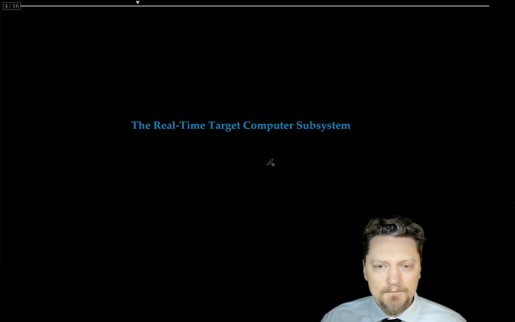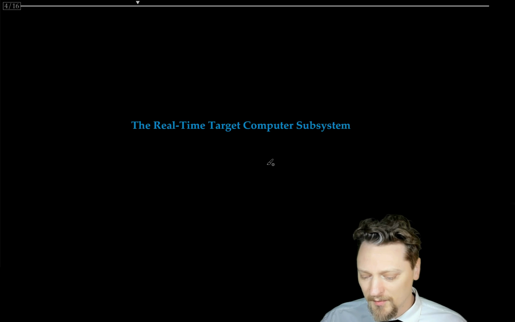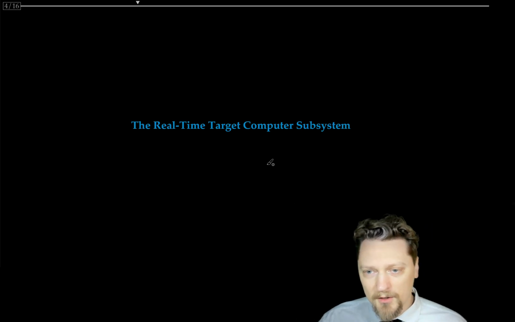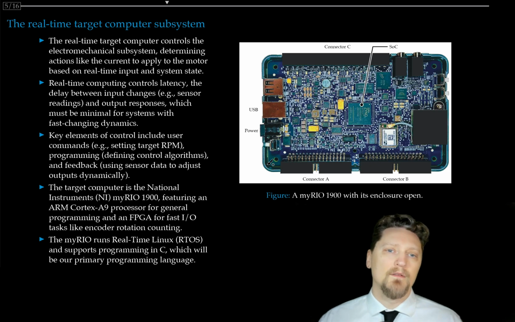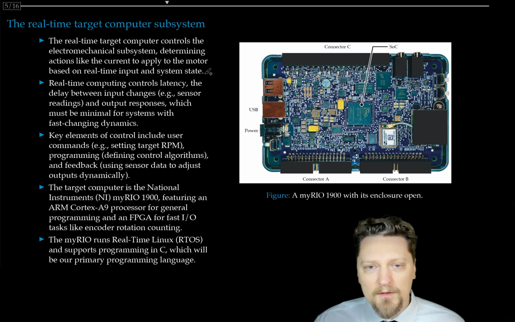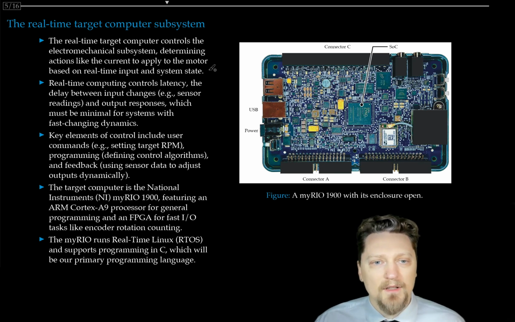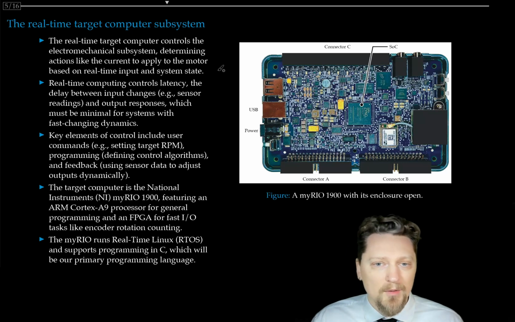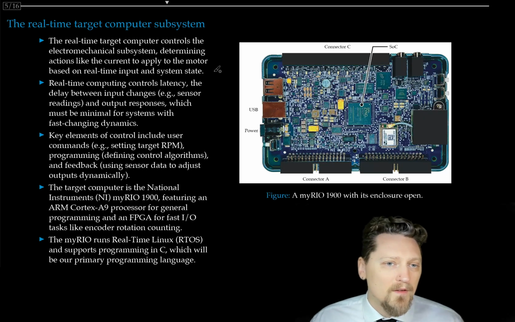Okay, we're going to go into each of these subsystems a little bit more in the rest of this lecture. So the real-time target computer subsystem. The real-time target computer controls the electromechanical subsystem, determining actions like the current to apply to the motor based on real-time input and system safety.